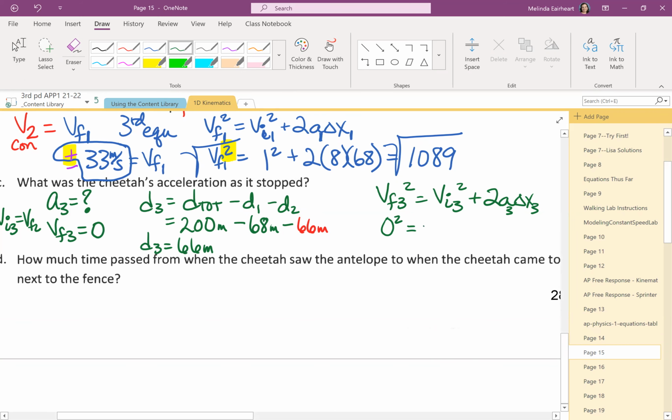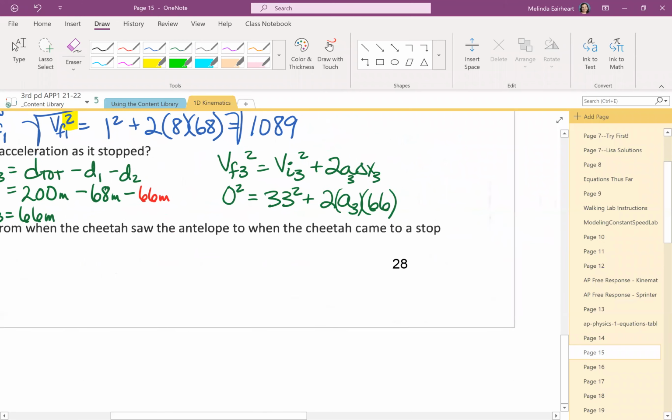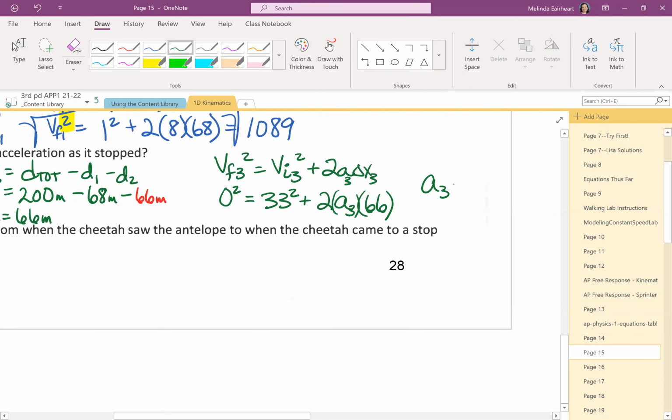Initial velocity was at 33. Don't forget to square it. Plus 2 times, there's the A3 we're looking for. And we found that the distance for the third is 66. So to solve for A3, it would be 0 squared minus 33 squared.